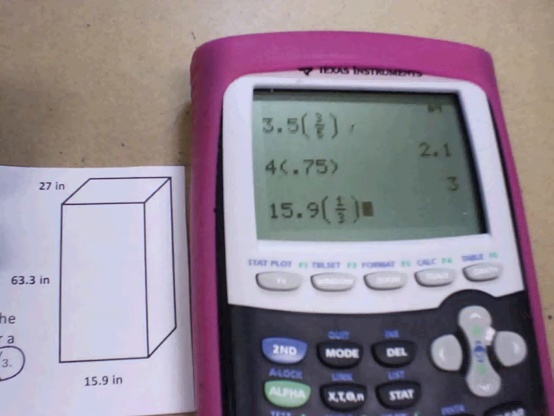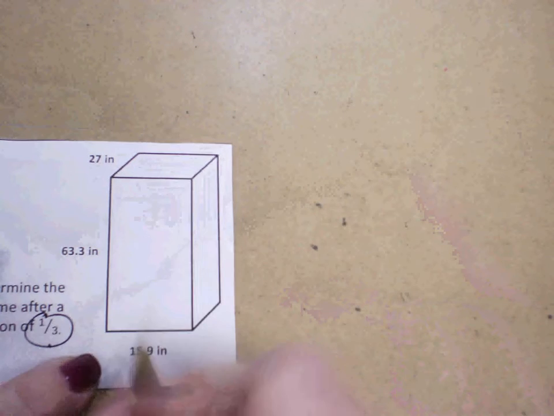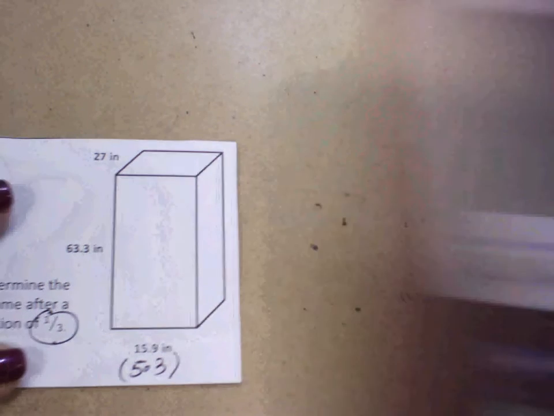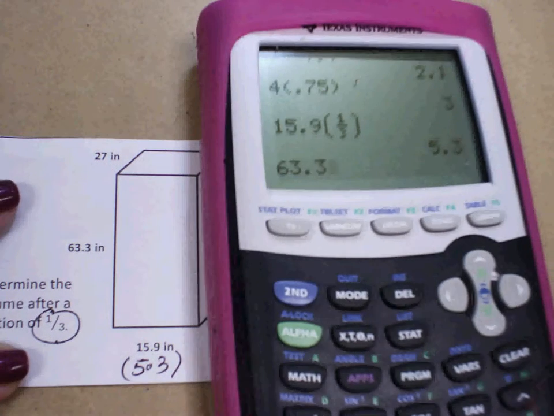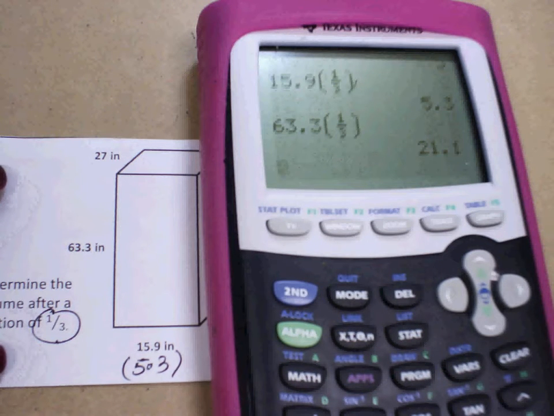So what do you have to do with all those numbers? Divide by 3 or multiply by 1/3. I want to multiply just to get in the habit of multiplying, okay? So 15.9 times 1/3 will be 5.3. So instead of 15.9, it's 5.3.